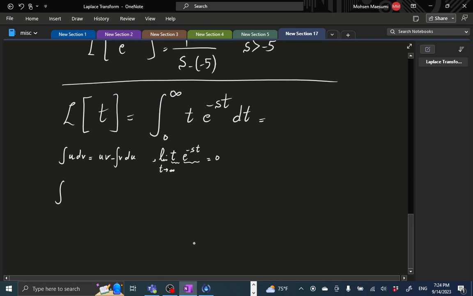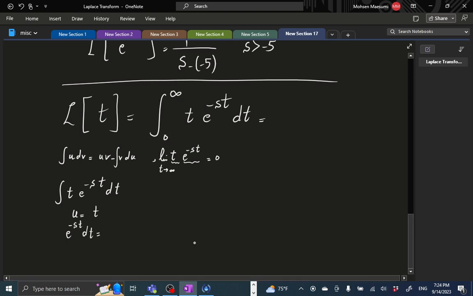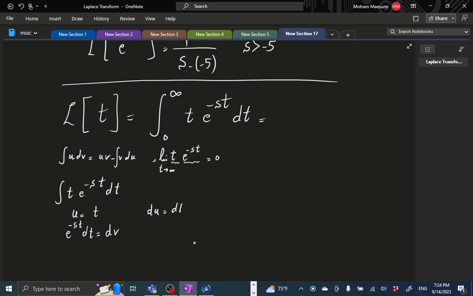So let's write it: t exponential of minus st dt. I choose t for my u. Whatever is left is going to be dv, so exponential of minus st dt is my dv. From the first one, I figure out that du is dt.